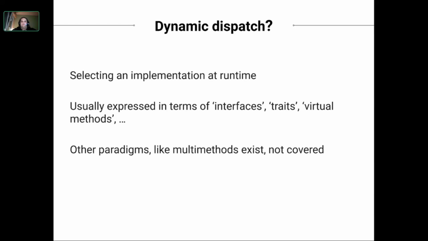Usually in most languages, you express dynamic dispatch through interfaces or dynamic traits. Sometimes they are called virtual methods. There are various names, but under the hood, they work pretty much the same. Of course, there are other paradigms like multi-methods, but I will not cover those. I will talk mostly in terms of interfaces and virtual methods.